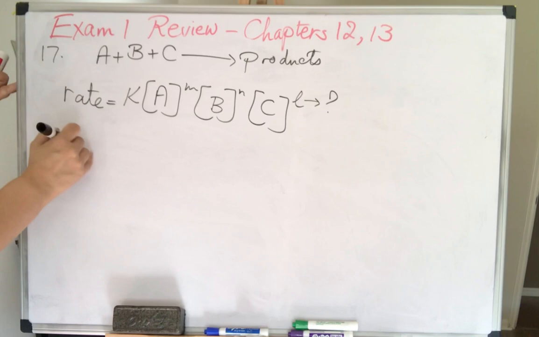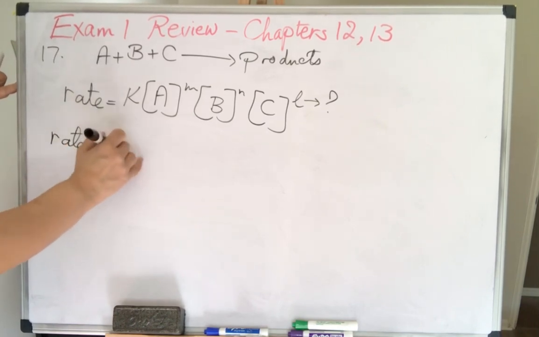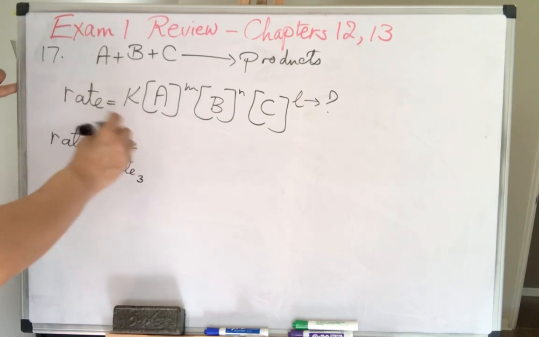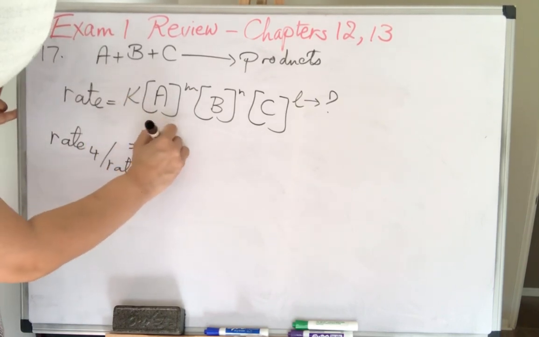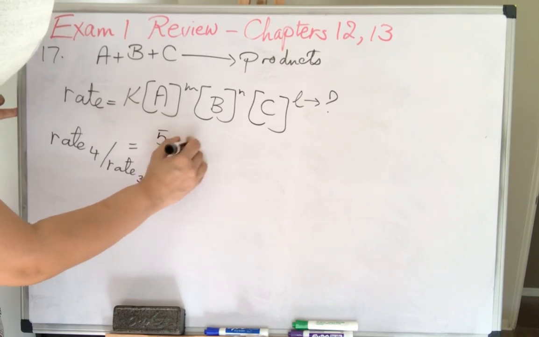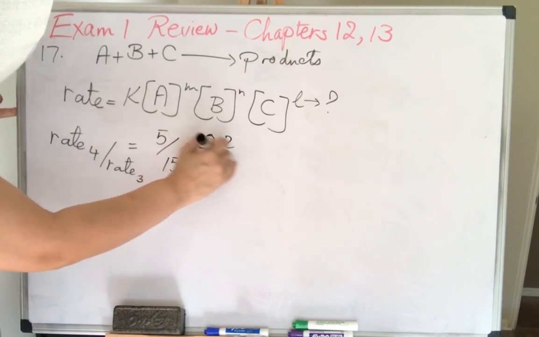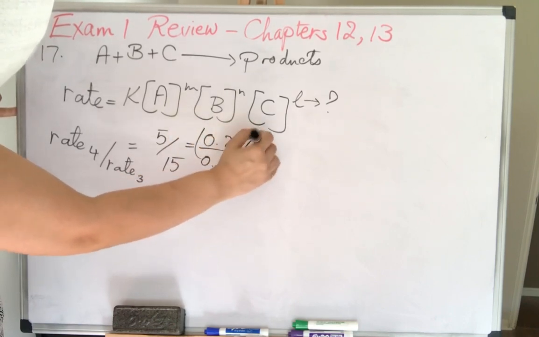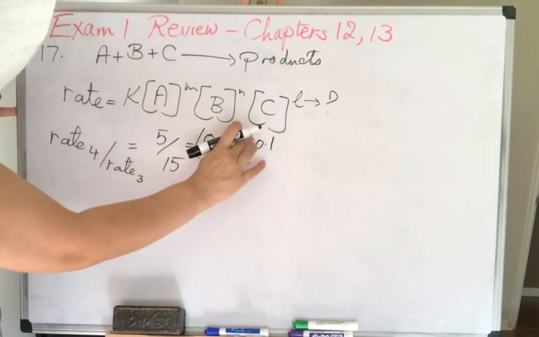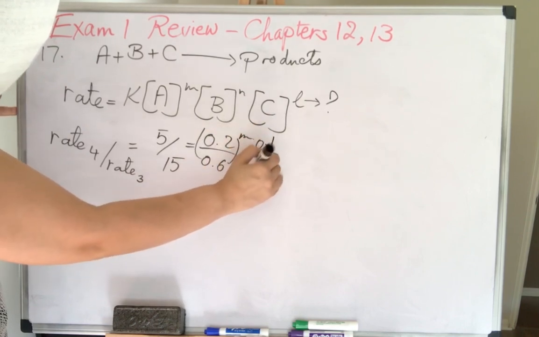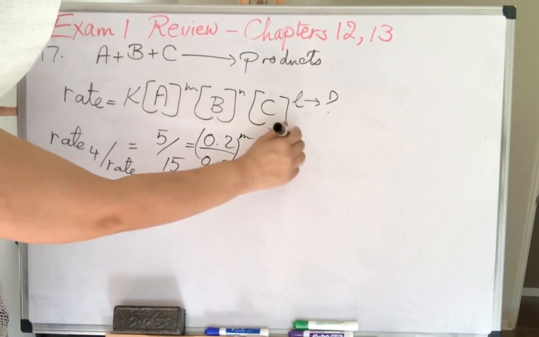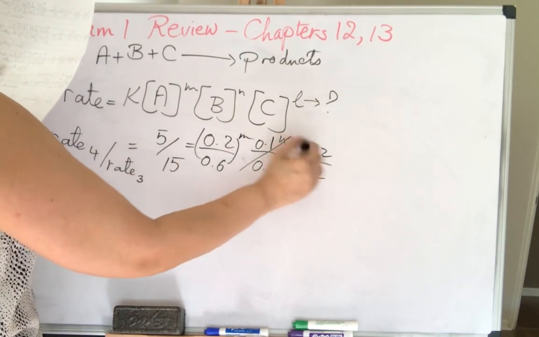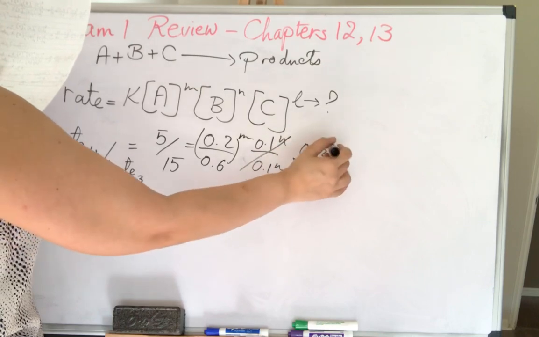If you compare the rate of experiment 4 to 3, I just write the final equation: 0.2, 0.6 for n, and for B and C, you have these.